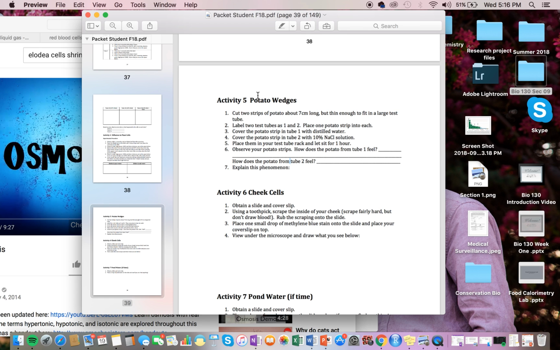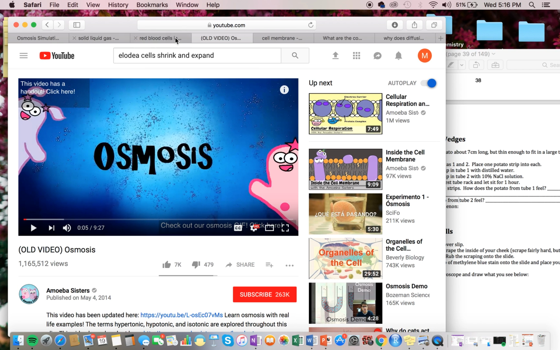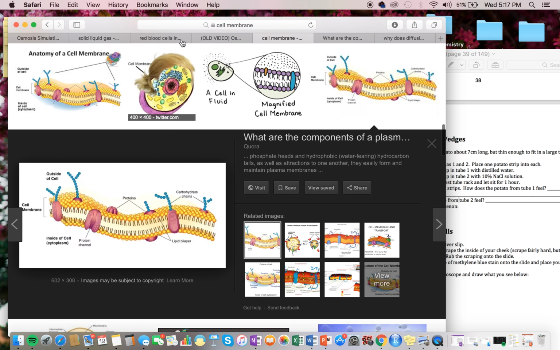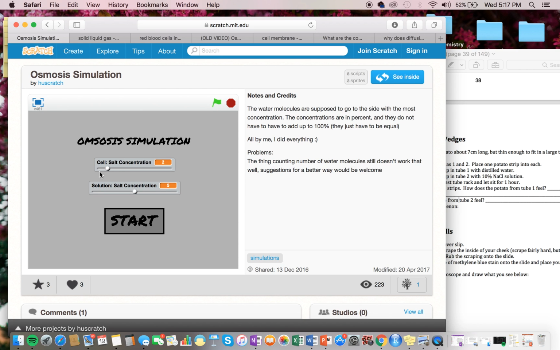Now, if you put it in a freshwater solution, since there's lots of solutes in the potato, the water from the fresh water would have gone towards the high concentration of solute in the potato. And let me just visualize that real quick, because I'm doing a bad job explaining that. So, here's our potato. Let's say it has a 3 salt concentration.